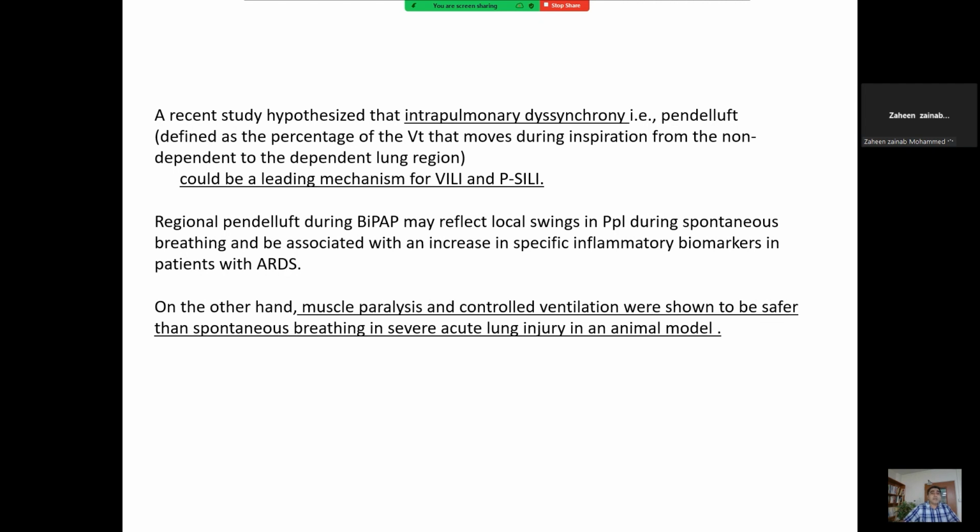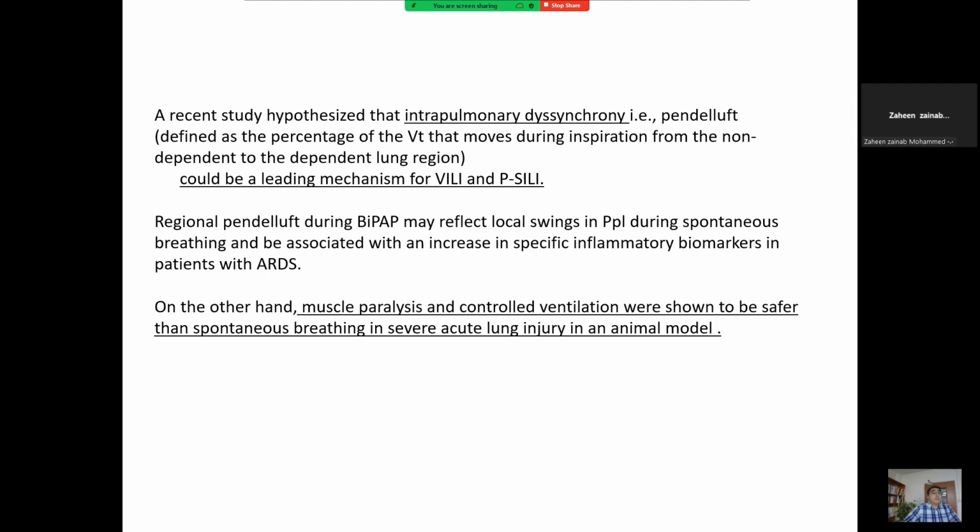A recent study hypothesized that intrapulmonary asynchrony, for example pendelluft, defined as a percentage of tidal volume that moves during inspiration from non-dependent to the dependent lung region, could be a leading mechanism for ventilator-induced lung injury and patient self-inflicted lung injury.